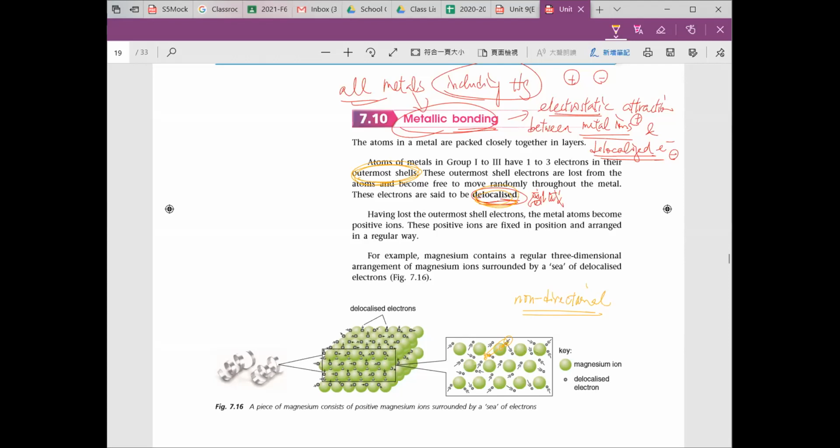So the outermost shell electrons per atom released will be different, and how does it affect? They would affect the electrical conductivity.